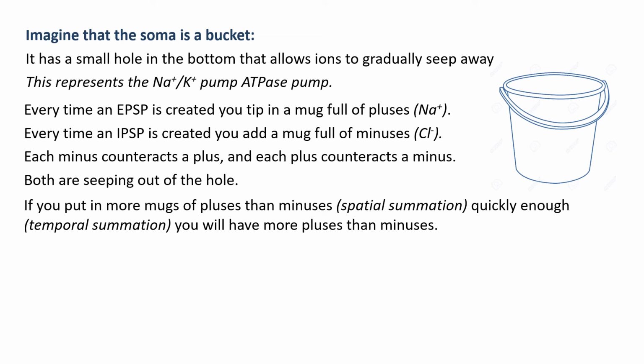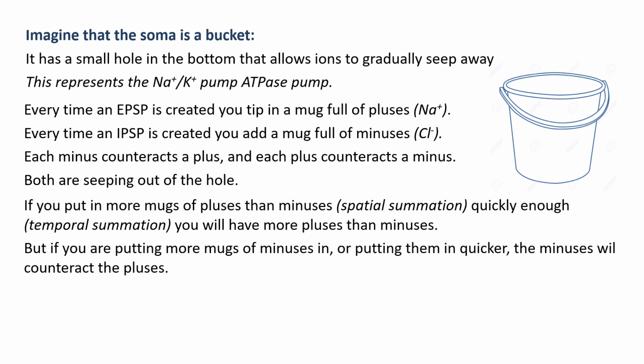So if you put more mugs of pluses than minuses in, and if you do it quickly enough, so that's spatial summation and temporal summation, you will have more pluses than minuses. But if you are putting more mugs of minuses in, or putting them in quicker, the minuses will counteract the pluses in your bucket.